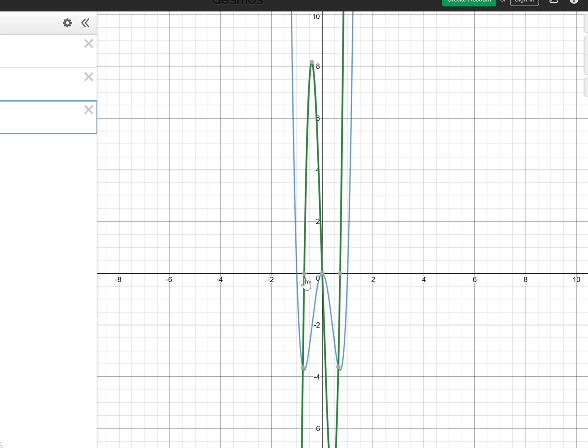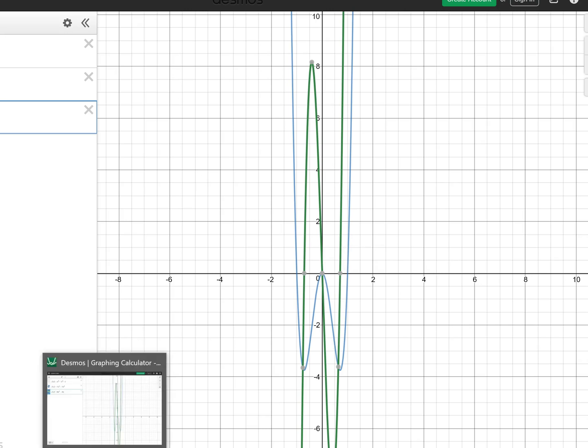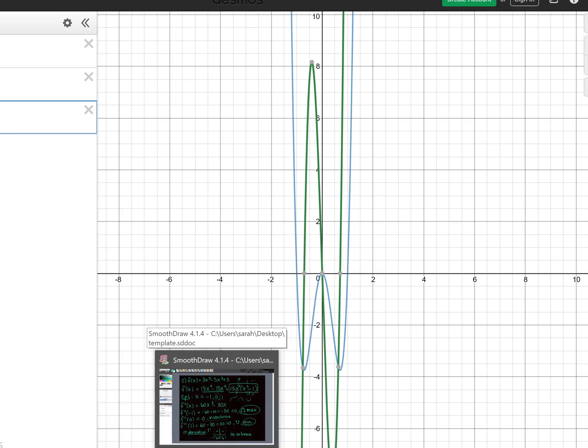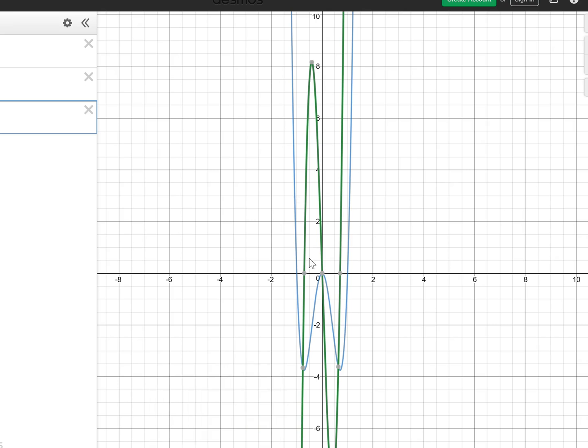And at -1, it's positive. And at 1, it's negative, which I don't think quite makes sense. Is that what we had? Yeah, at 1, no, at 1 it was positive. I'm sorry, you guys. Hold on. Yeah. I'm sorry.